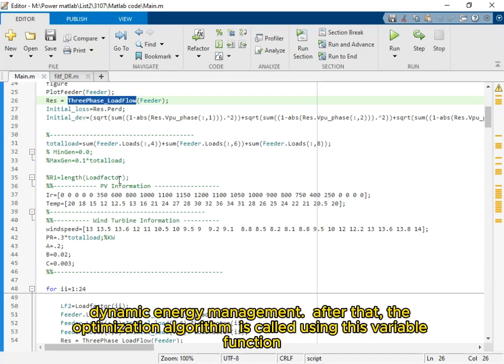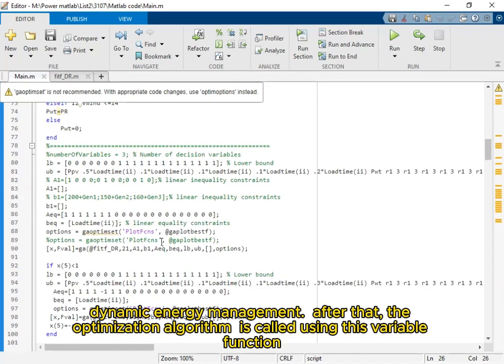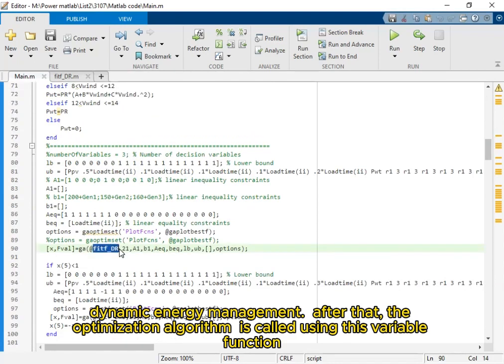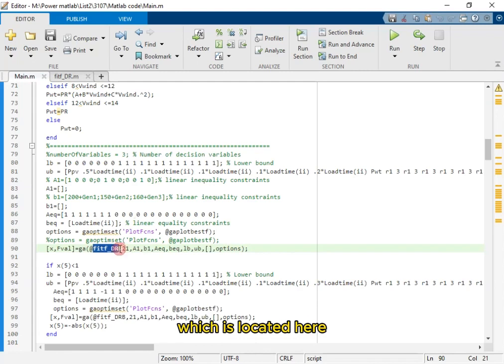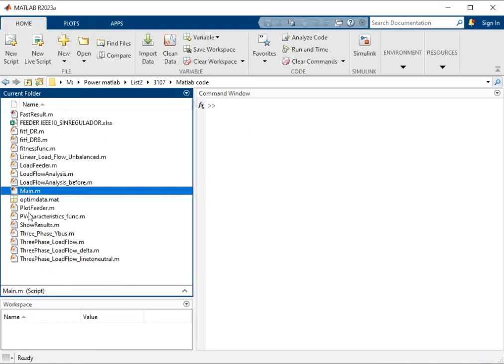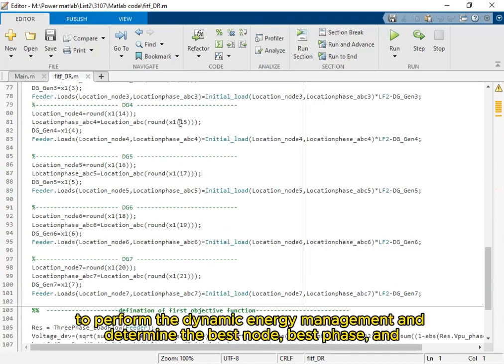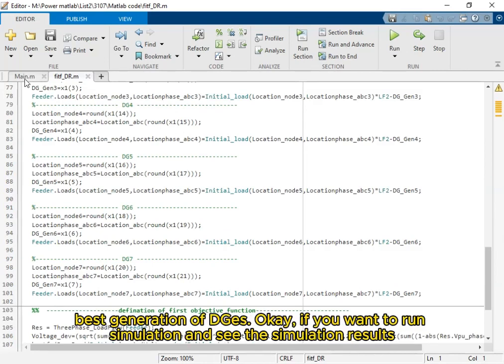After that, the optimization algorithm is called using this variable function, which is located here, to perform the dynamic energy management and determine the best node, best phase, and best generation of DGs.